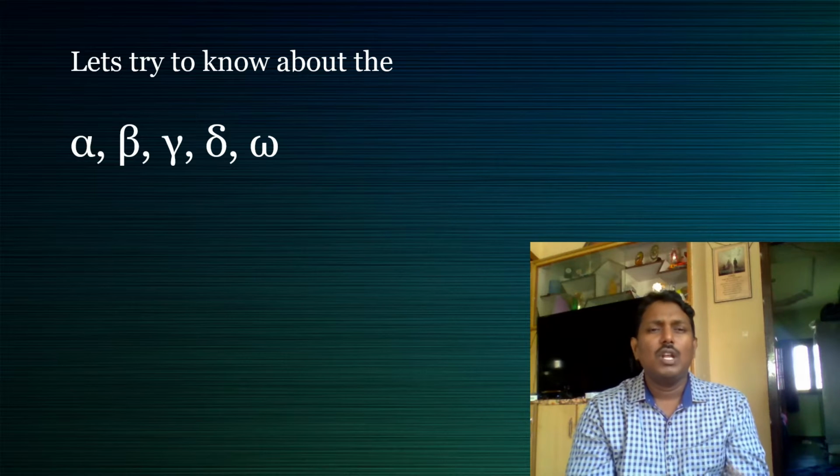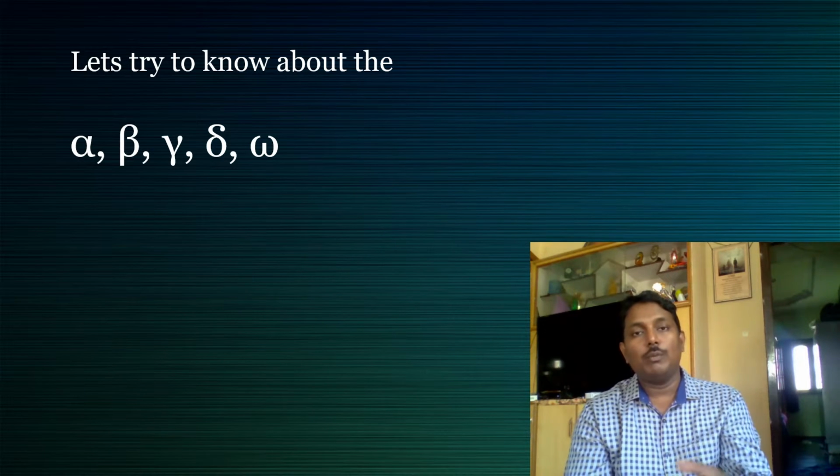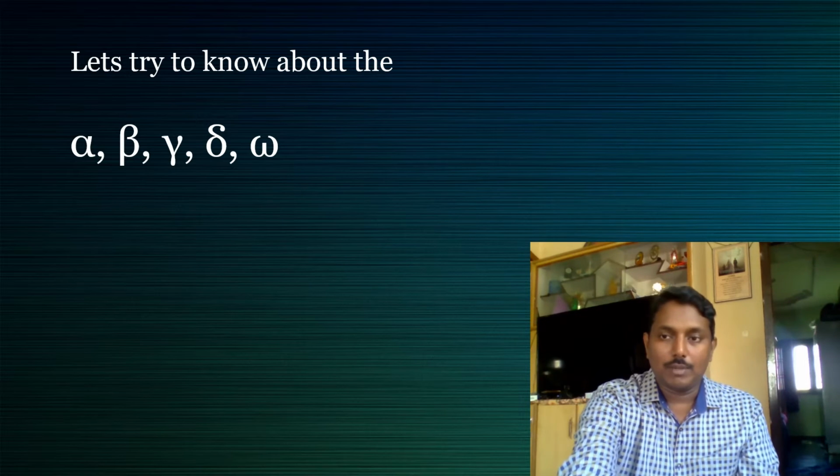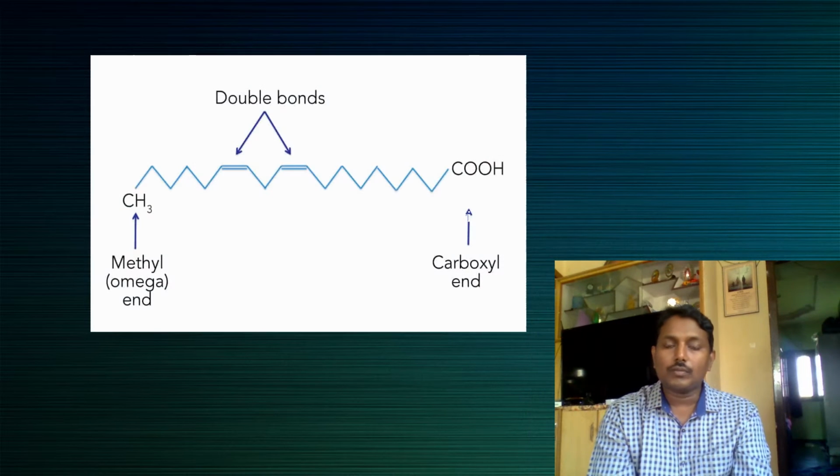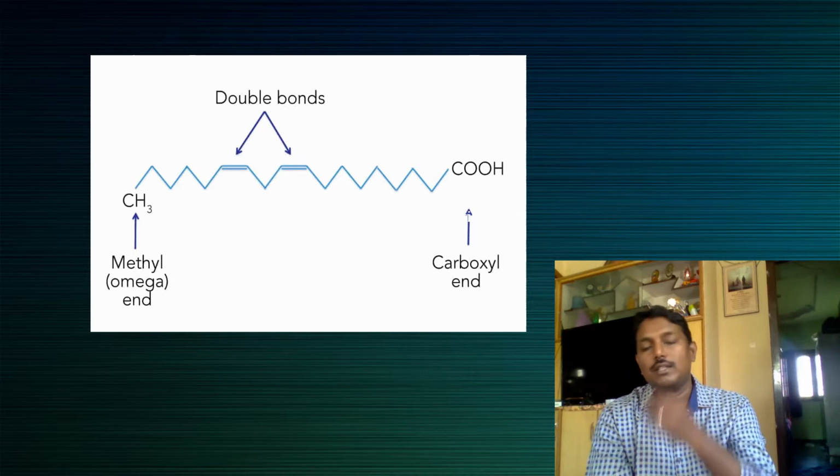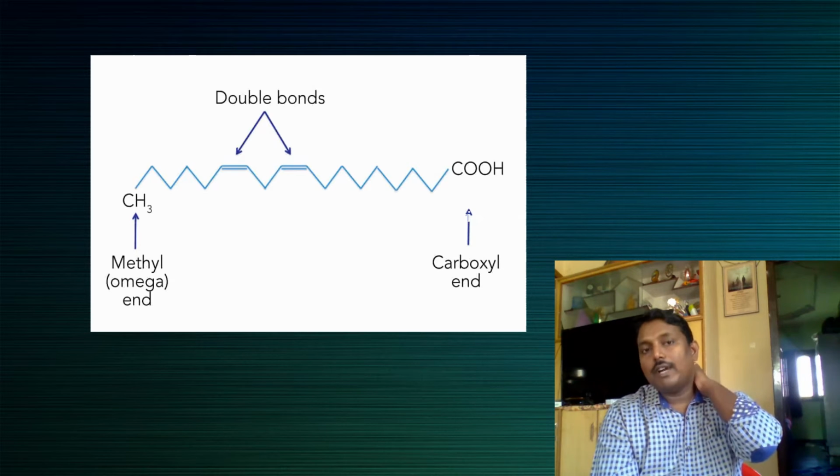So after knowing about saturated and unsaturated fatty acids, let us try to know about the alpha positions, beta positions, or 1, 2, 3, 4 positions of carbon atoms, and the omega series, the omega position of the carbon atoms. So this is the chemical structure of one of the fatty acids.